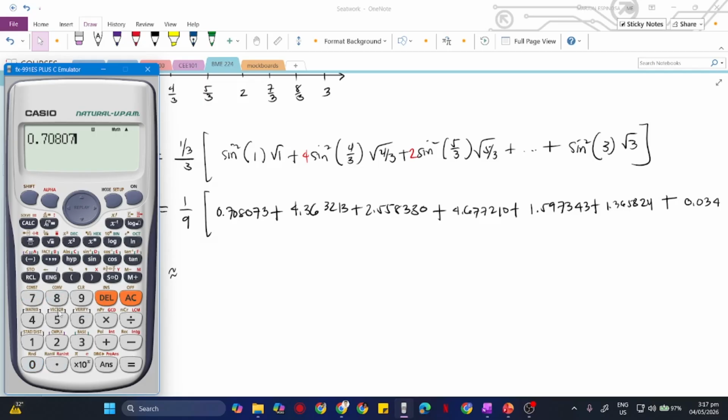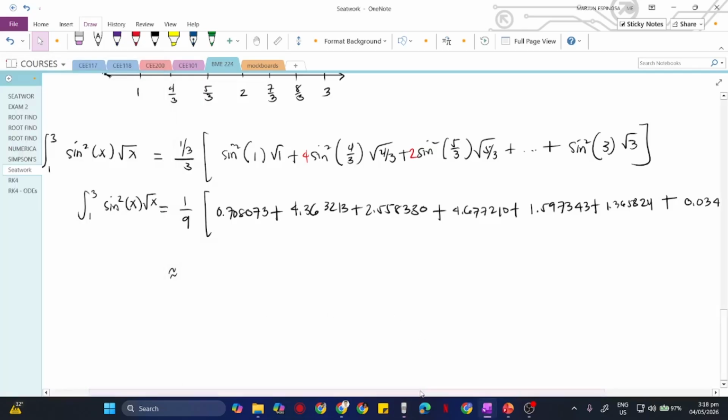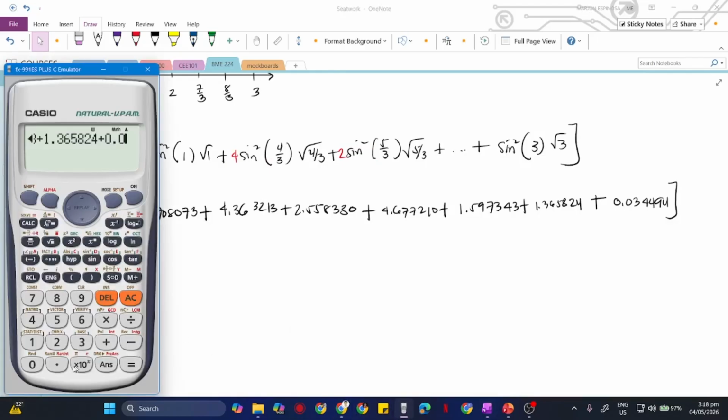0.70873, plus 4.363213 plus 2.558330 plus 4.677210 plus 1.597343 plus 1.365824 plus 0.34494.